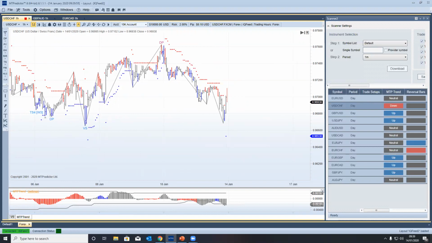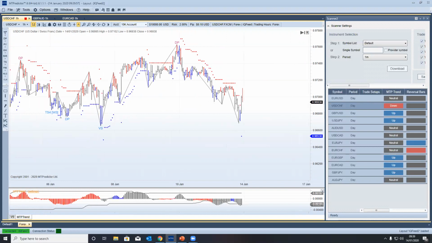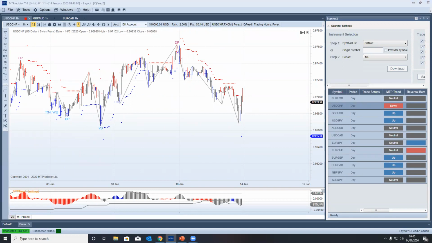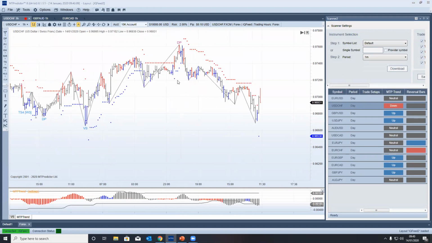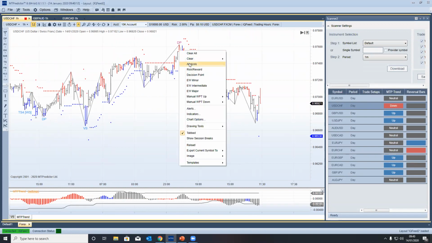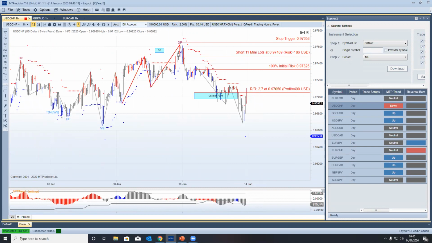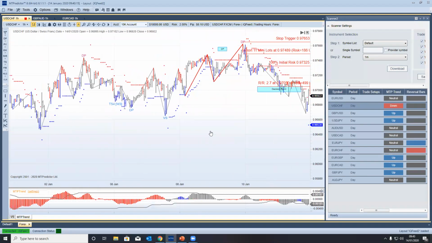I don't know what time frame you did that on, but that would have been very nice if it got a nice decline there. So very well done, Mazir. Looks like you're trading very nicely and confidently at the moment with MTPredictor. Yep, got the nice short off that level. So he managed to catch that trade setup there. You've got some very nice trades there.